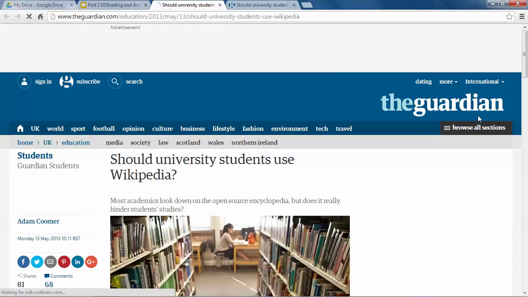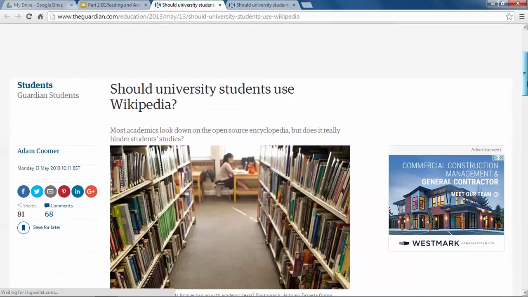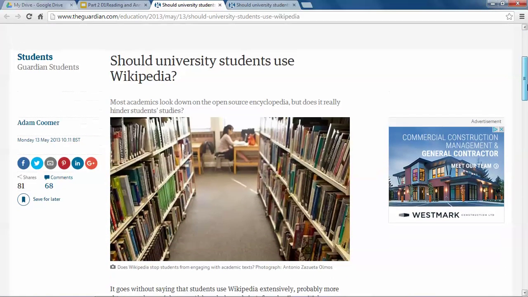Now let's see the title, Should University Students Use Wikipedia? And now the subtitle. Most academics look down on the open source encyclopedia, but does it really hinder students' studies? So if I look at this, I'm thinking, well, definitely there's an argument going on here.